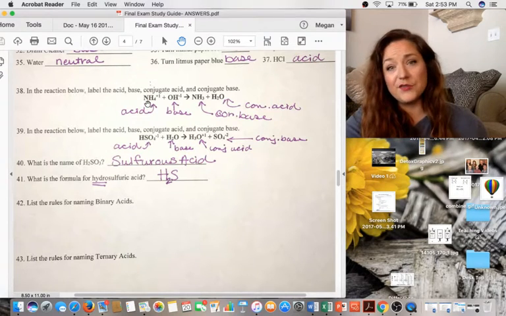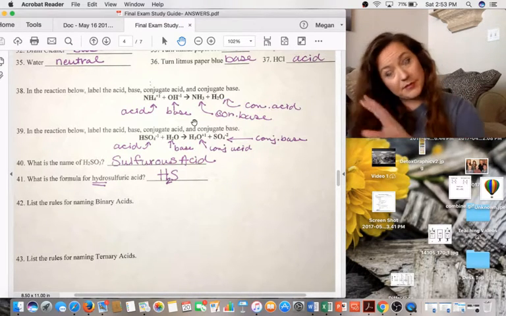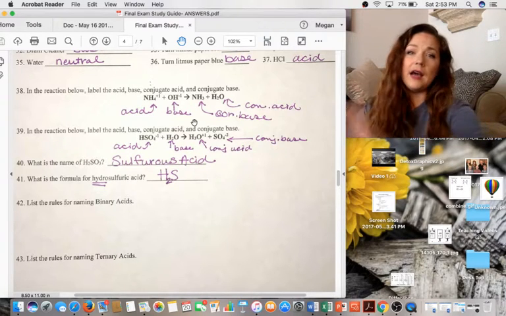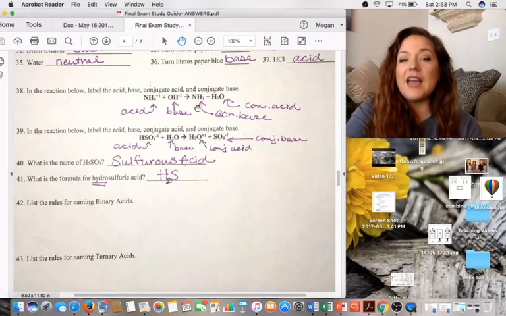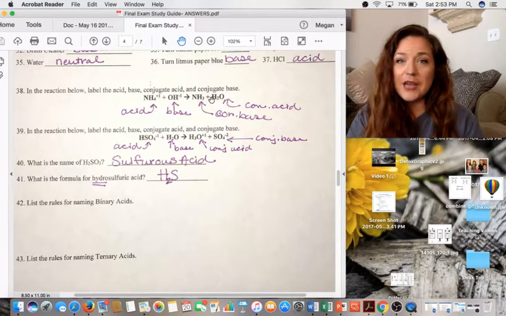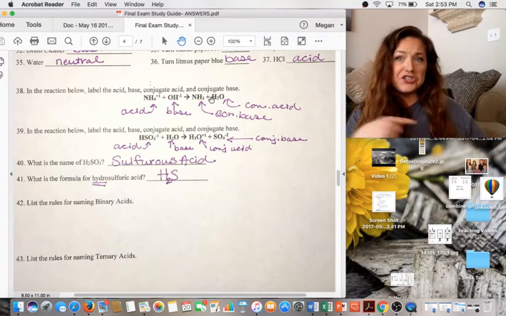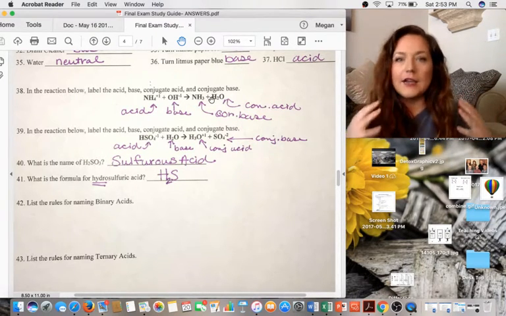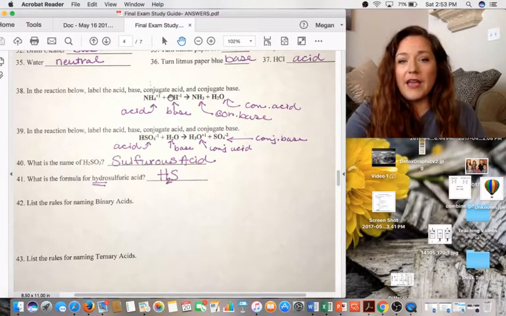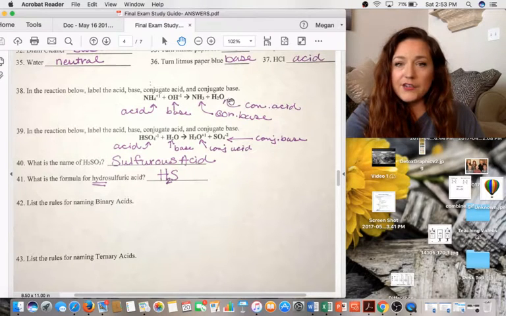So NH4, what he becomes when he gives up that hydrogen, is NH3. So NH3 is a conjugate base. I know that sounds weird, like, wait, Misty, he just was an acid. Yes, I know. That's why he has a conjugate base. Then OH becomes H2O, so his pair, his match, is a conjugate acid.